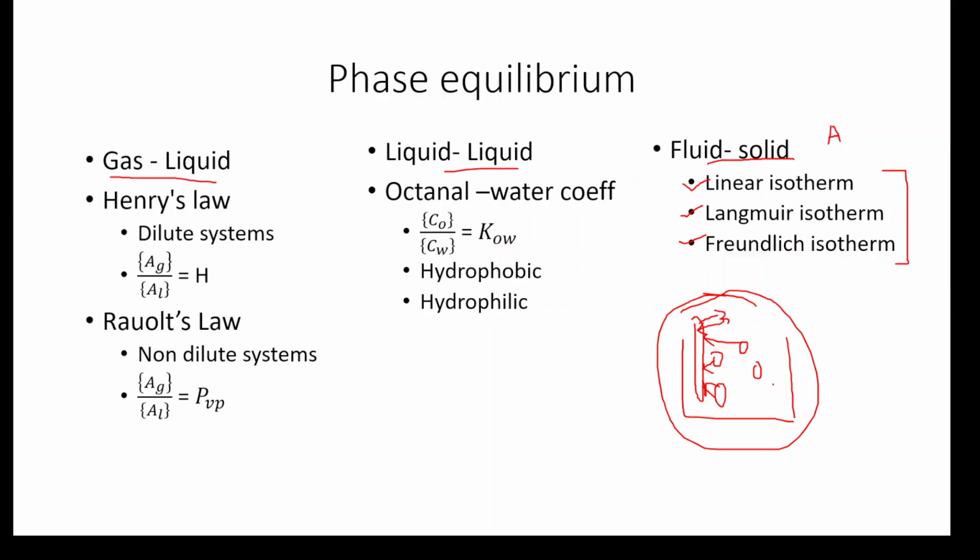It's not that all the particles will come and sit on the surface. If some particles are sticking, some particles will go out also. So it is in two directions. This is called solid-fluid phase equilibrium, and this process is called adsorption.